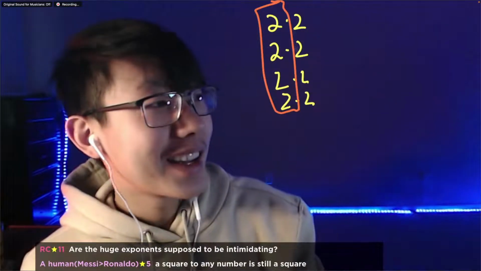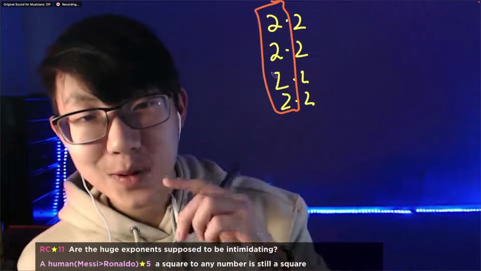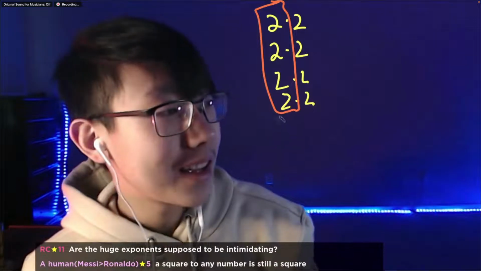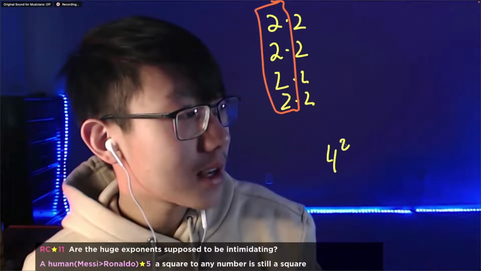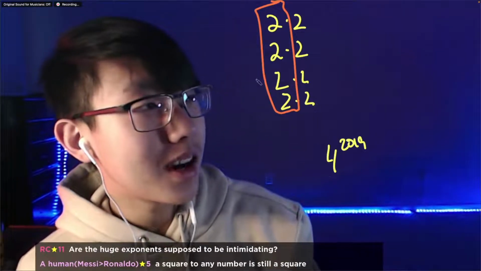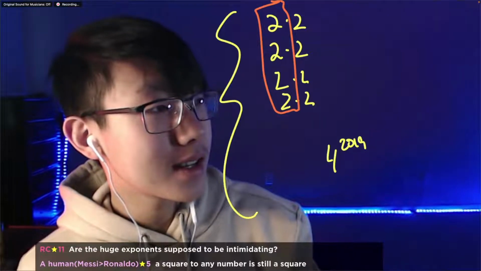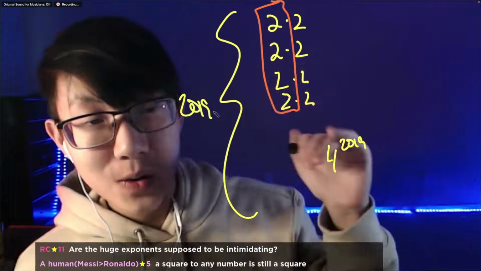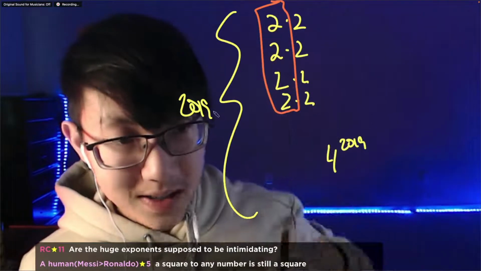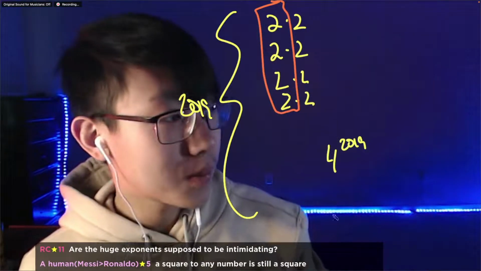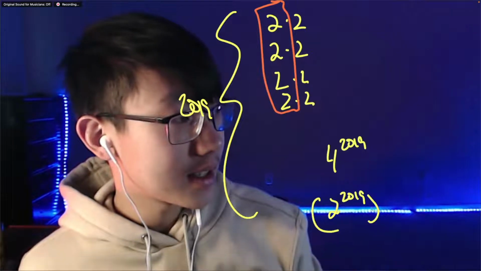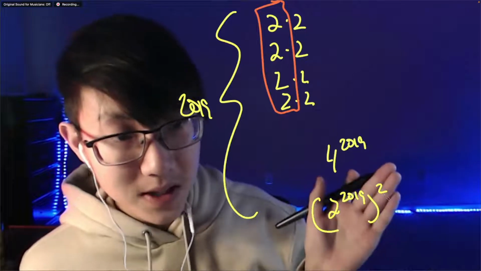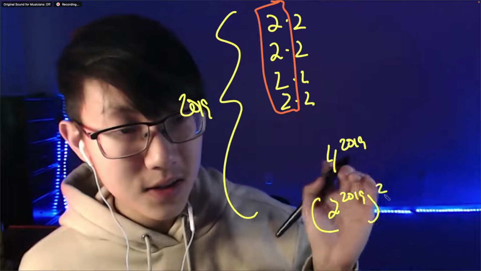So if you think about what square rooting does, it's like cutting the exponents in half if it's like multiplying. So 4 to the 2019th is just going to be a huge row of 2019 2 times 2's, and the square root of that is going to be just one of these columns. So 2 multiplied by itself 2019 times. So in other words, 4 to the 2019 would still be a square. It's 2 to the 2019th squared.